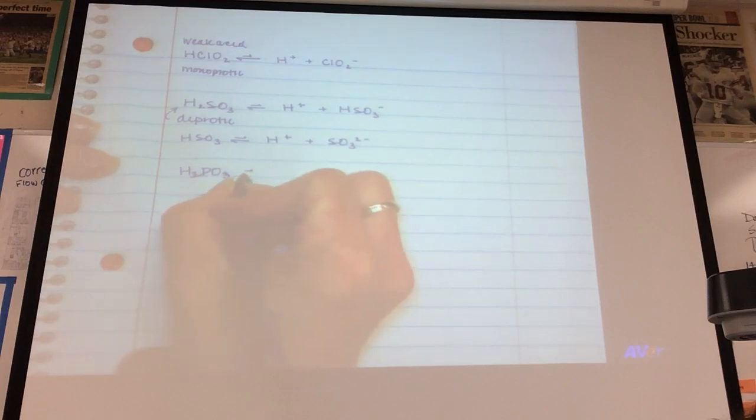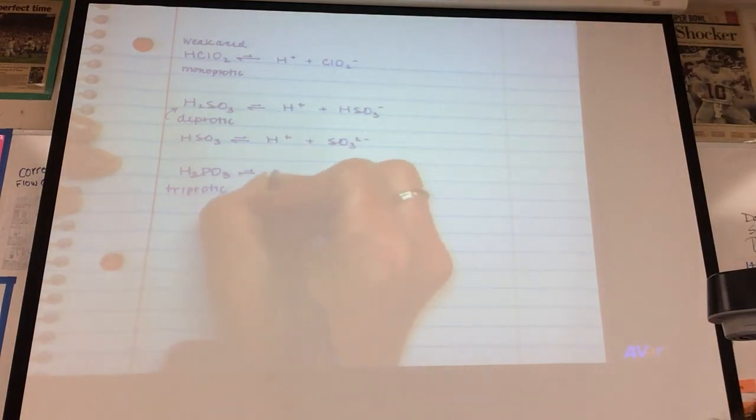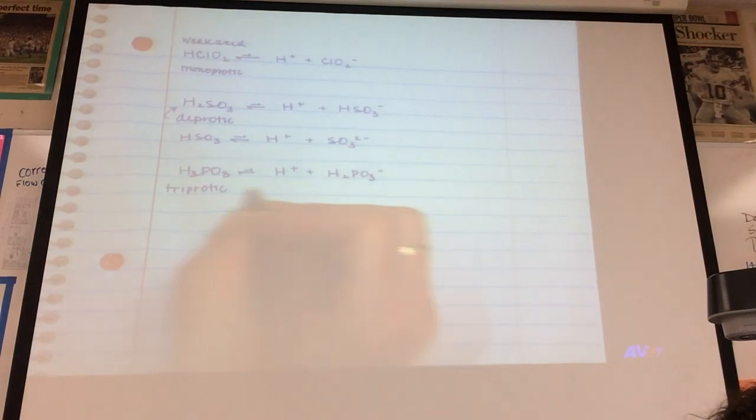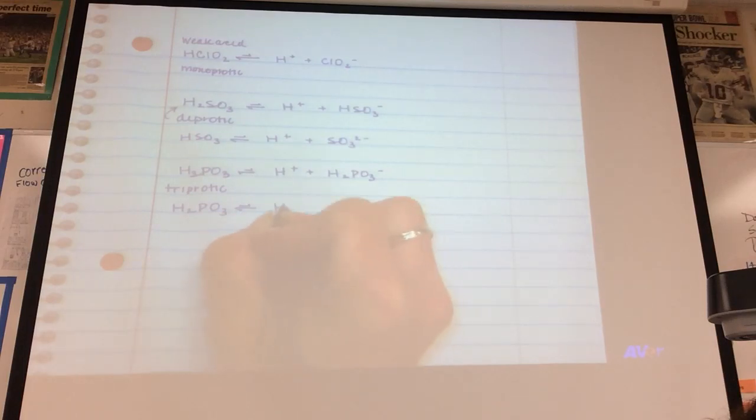Phosphorus acid would be triprotic. It has 3 ionizable protons. So this would occur as such, and then this substance could act as an acid as well.